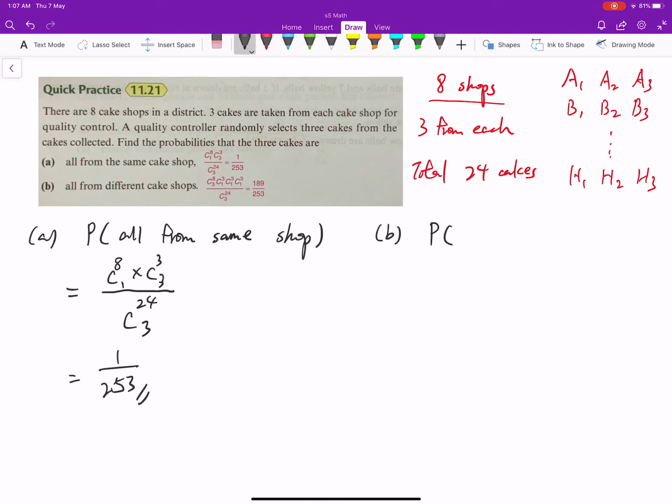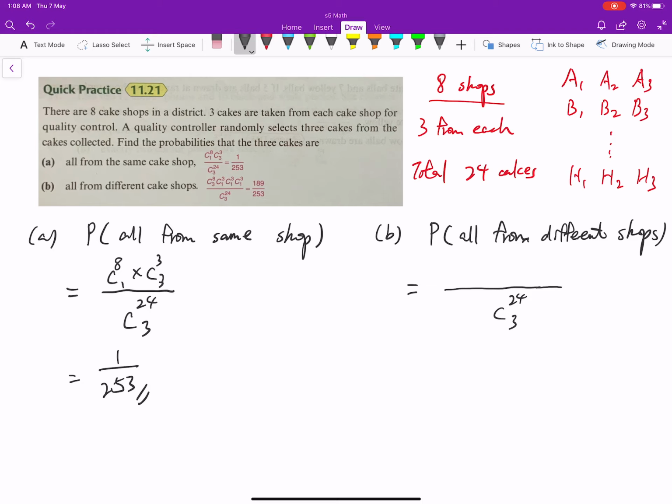Okay, now part B, all from different shops. Okay, so 24C3 is the denominator. And then now, if all from different cake shops, now you have 3 cakes, right?